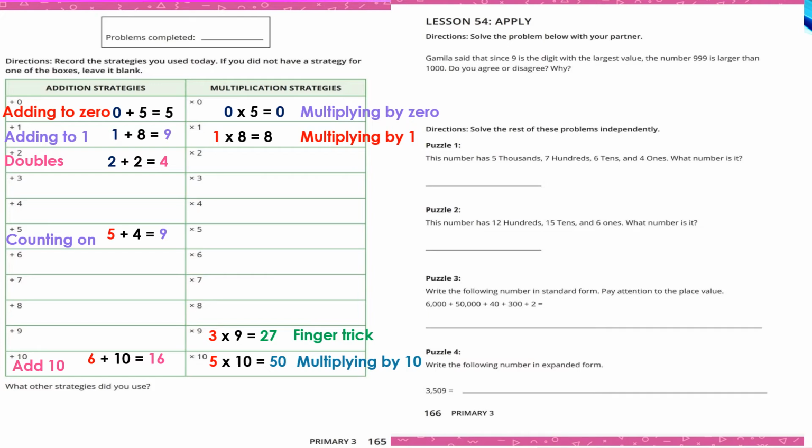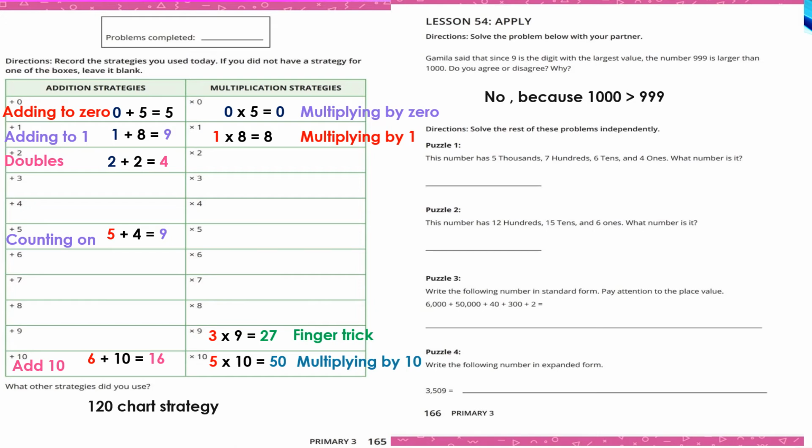Do you agree or disagree, and why? No, because 1000 is bigger than 999. Okay, why? Because 1000 consists of 4 digits, but 999 consists of 3 digits.